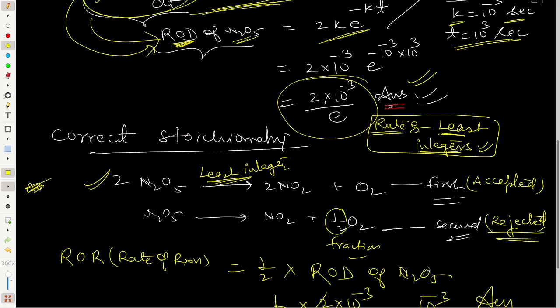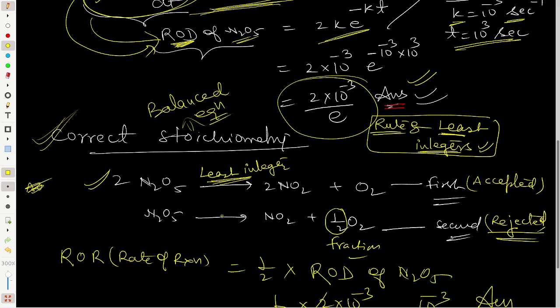Now dear friends, for the calculation of the rate of reaction, first of all, we should select the correct stoichiometry or the correct balanced equation. Stoichiometry is nothing but a balanced equation.